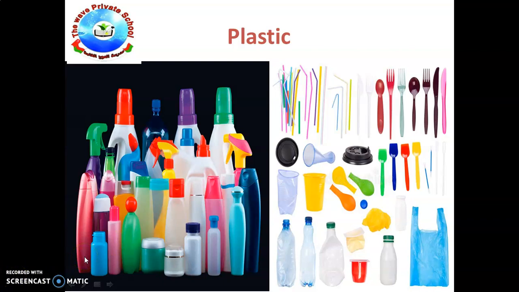Plastic can also be used for containers for food and drinks. It does not react with the food. That is why we use plastic for storing food materials and drinks.